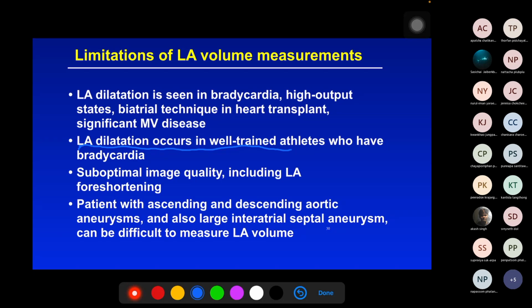This group might have LA dilatation. So far we have always seen patients with athlete's heart. This group might have LA and RA dilatation. The optimal image is quite important, because if the image is a suboptimal window, you could not get the LA volume index accurately.